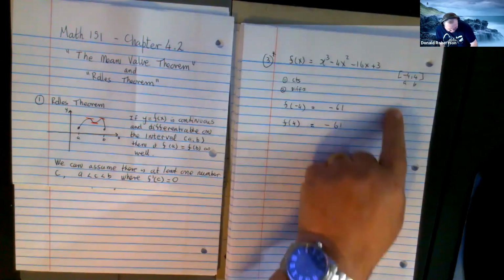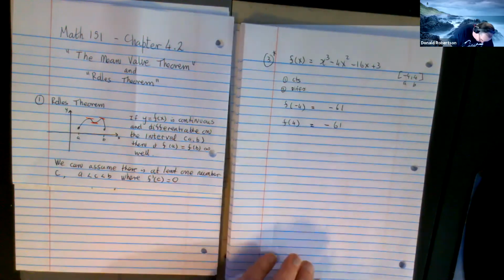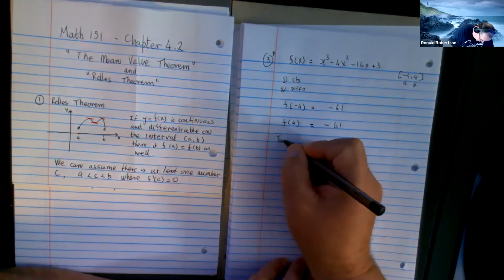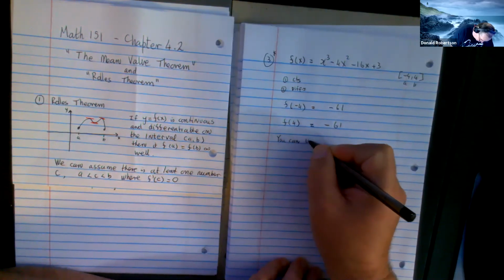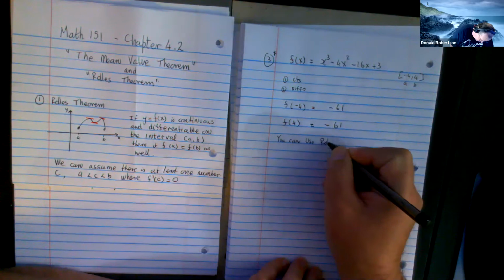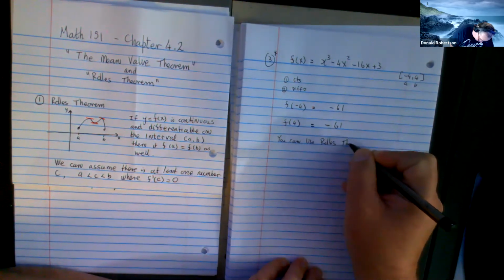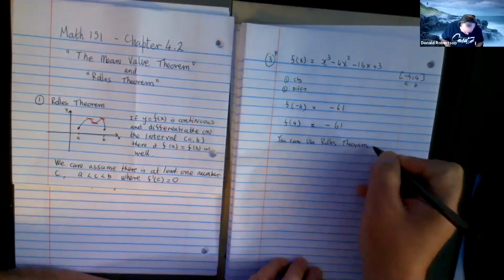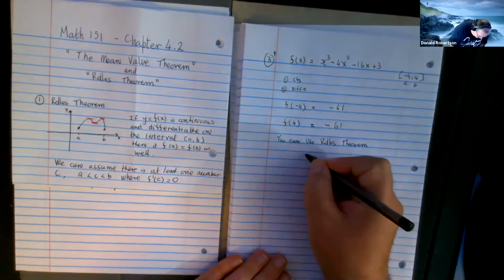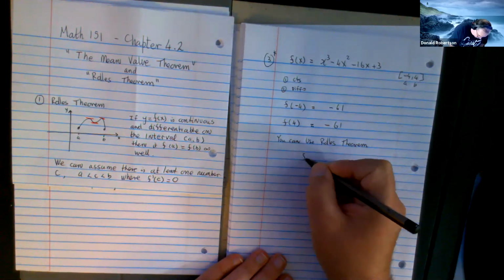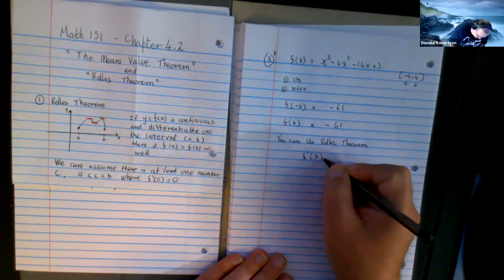So what does that mean? That means you can use Rolle's theorem. So that guarantees that somewhere there's a point whose derivative is 0.